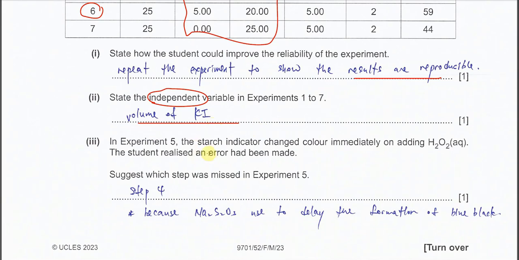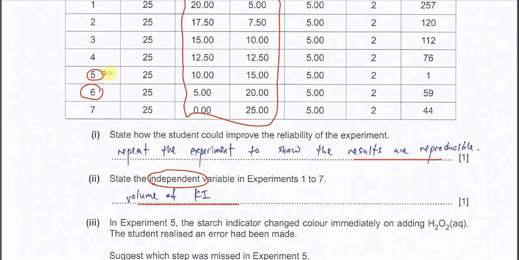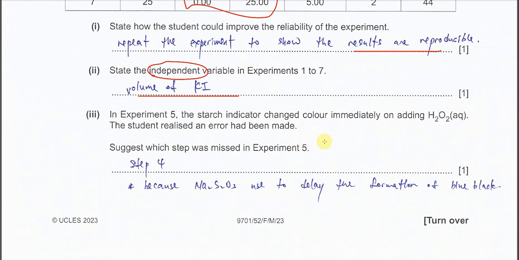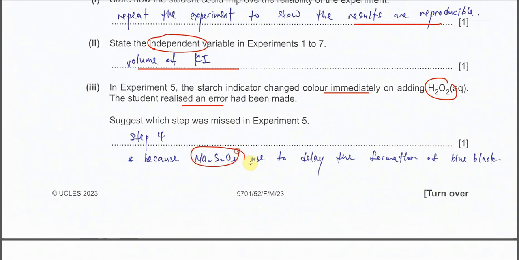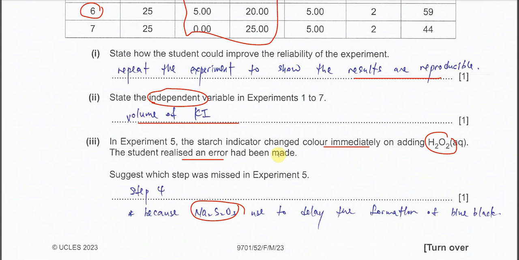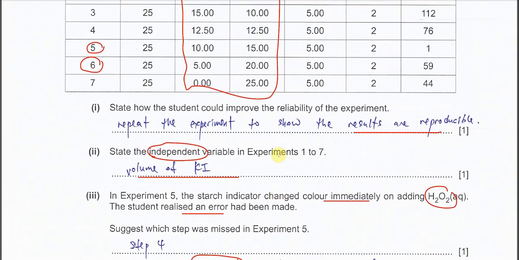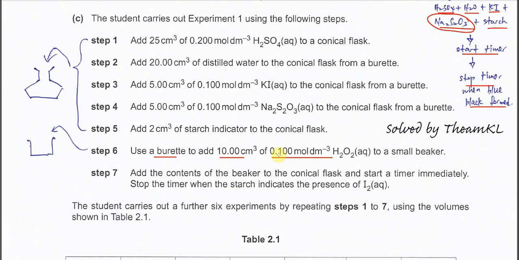Okay, in experiment 5, the starch indicator changed color immediately on adding H2O2, and the student realized there must be an error. So what is the error? The error must be the one that involves thiosulfate.